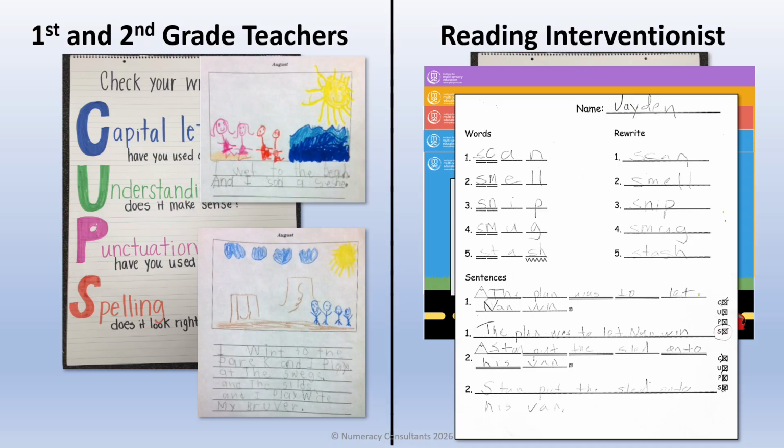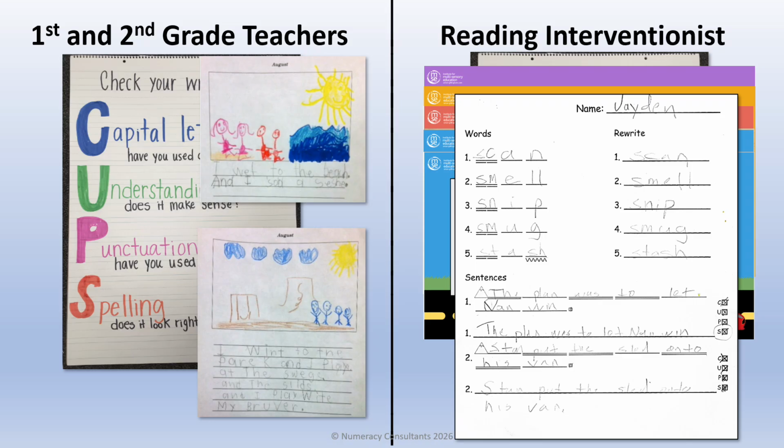And remember, with the cup strategy, the capitalization and the punctuation are pretty concrete, while the understanding and the spelling are more subjective, more open-ended parts of the strategy, where kids are going to need a lot of support.